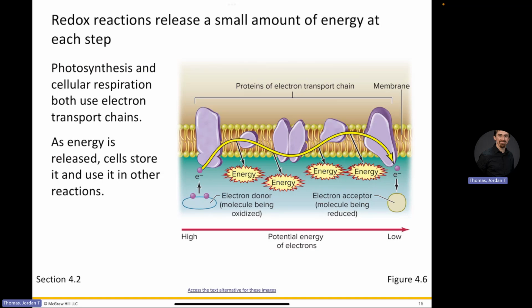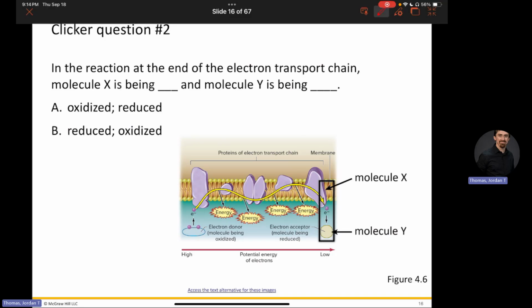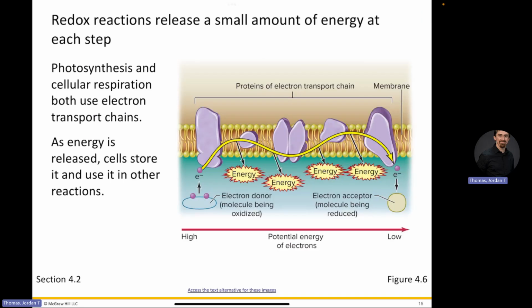And then the reason this is important too is this. Redox reactions, redox stands for reduction and oxidation. So redox reactions release small amounts of energy at each step. Photosynthesis and cellular respiration use electron transport chains.